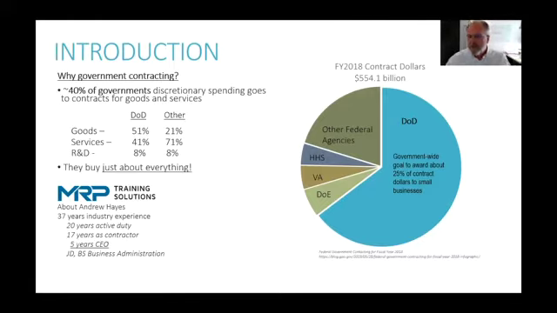So the first question you have to ask is, why would you want to do business with the United States government? And it reminds me of a story that I heard years ago about a very successful bank robber who eventually was convicted, but he probably got away with way more than he ever was convicted of.